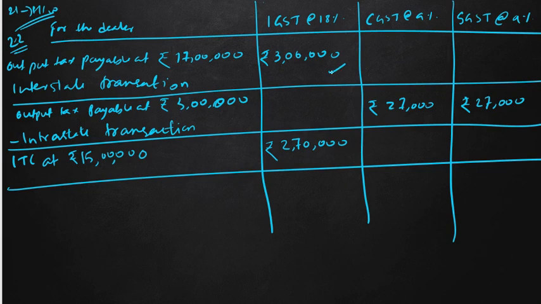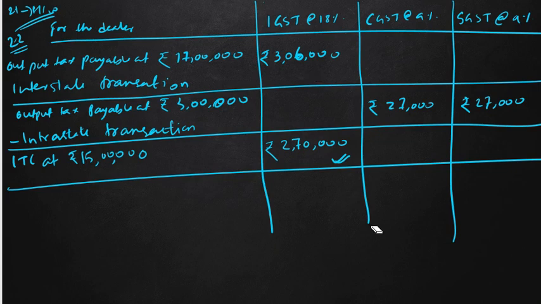So here you can see that he has to pay only the IGST, because in the IGST section the output is 3,06,000, but he has only 2,70,000. So he cannot use this 2,70,000 to pay CGST or SGST first. Why?